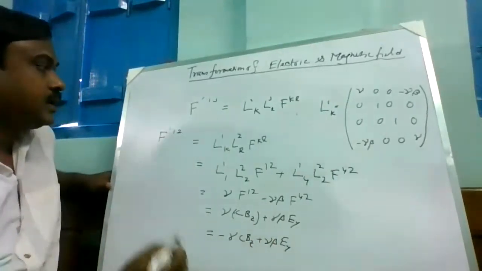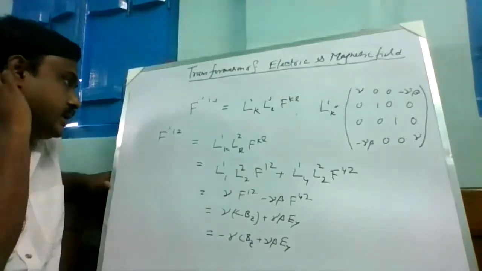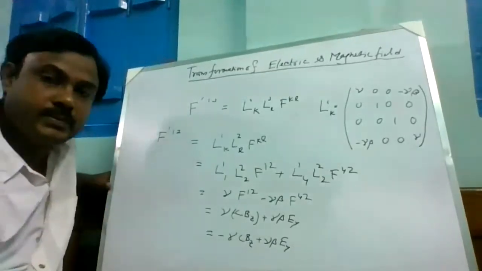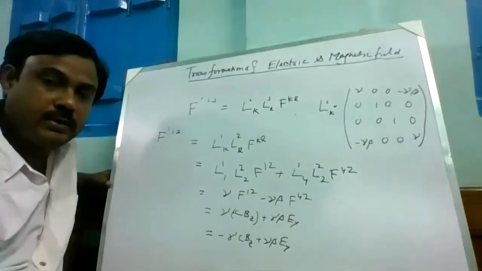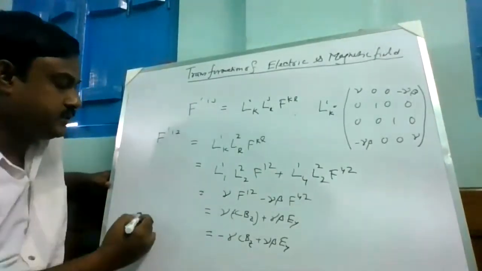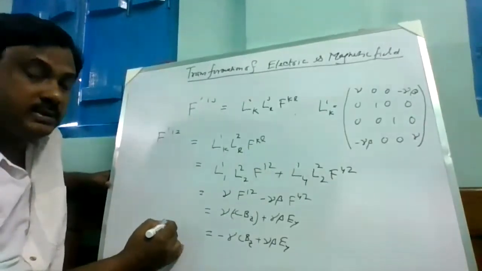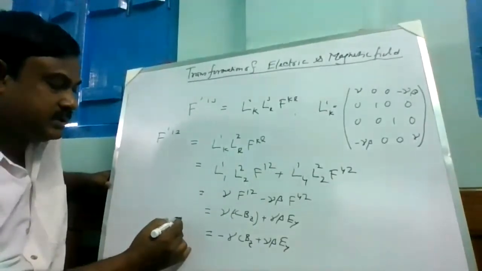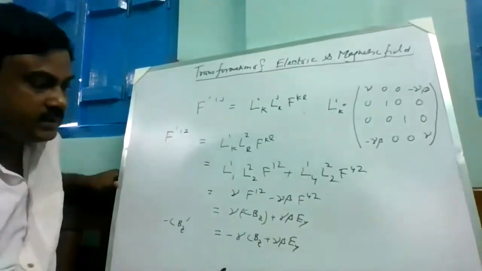Right. Now, since F dash is the contravariant field tensor in the transformed coordinates, it must be minus cBz dash.